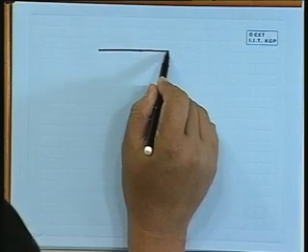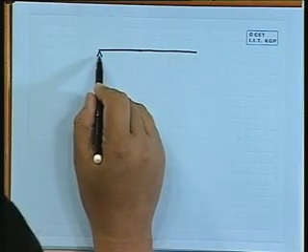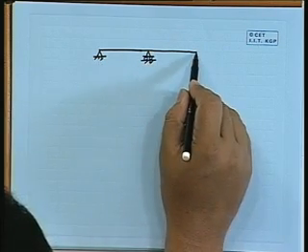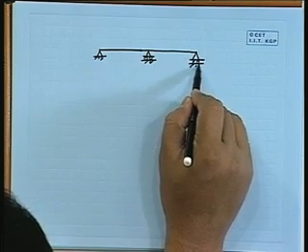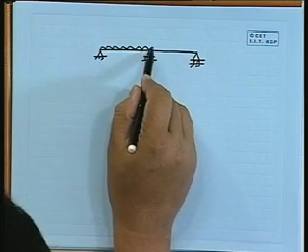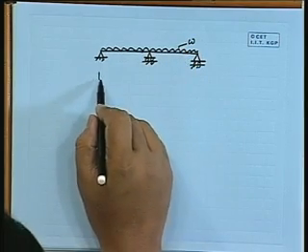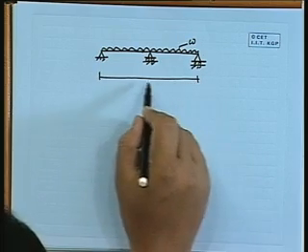Now, in the next case, if we take a problem like this, say let us take a simply supported problem. It is fully loaded with omega, and I am making it quite simple.